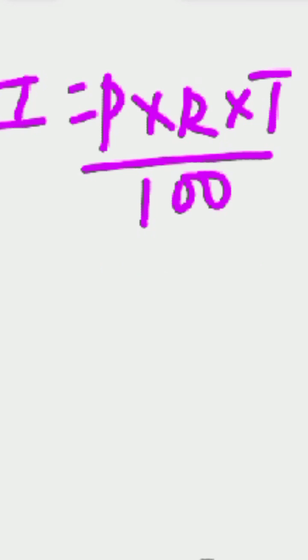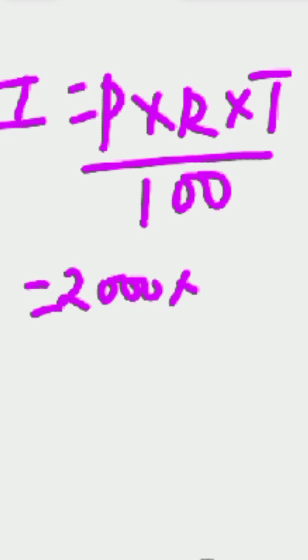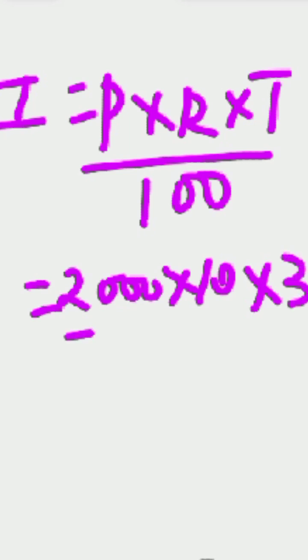So our simple interest becomes 20,000 times 10, which is rate, times 3, which is time, all over 100.